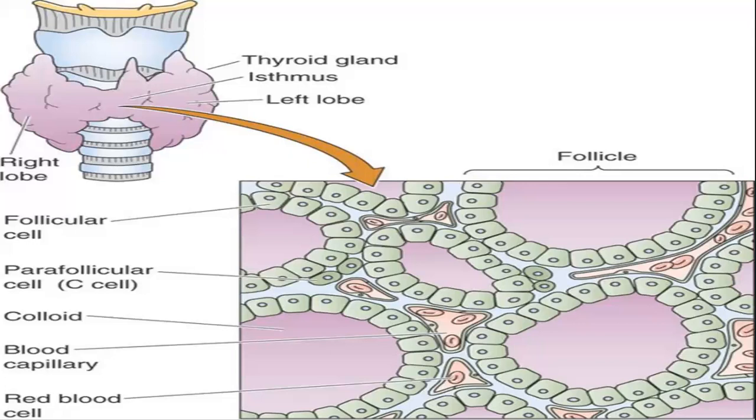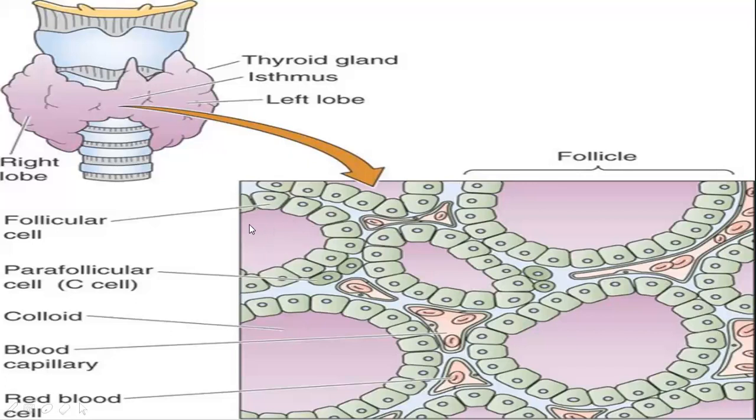Here you can see, surrounding this thyroid follicle, these are the blood capillaries. These blood capillaries supply the nutrients to the follicular cells, which play an important role in the synthesis of thyroid hormones.